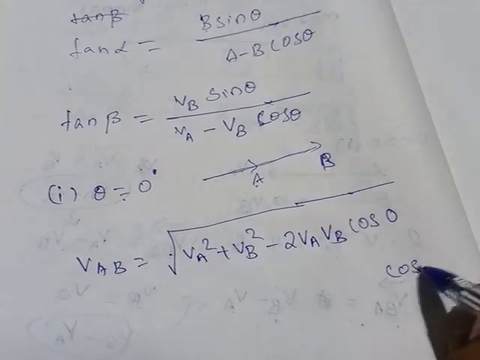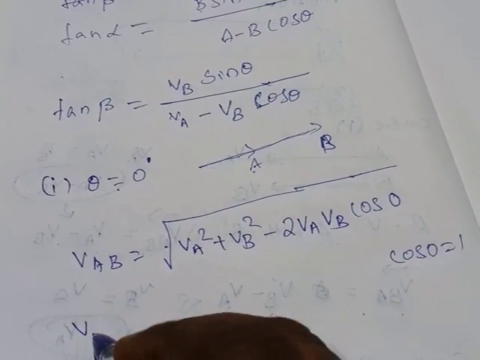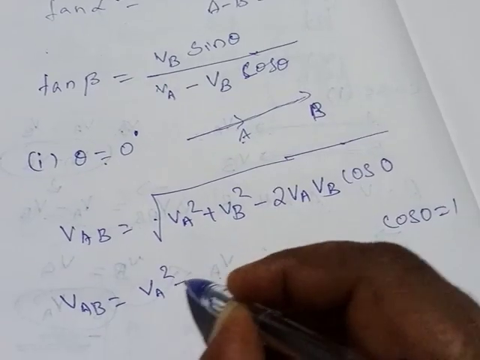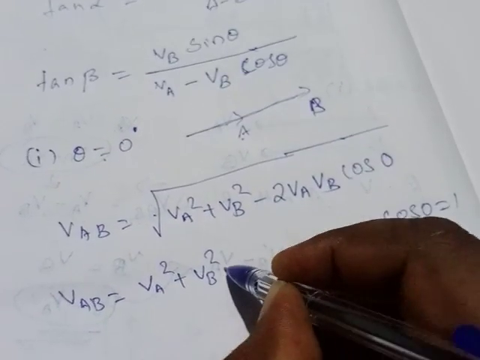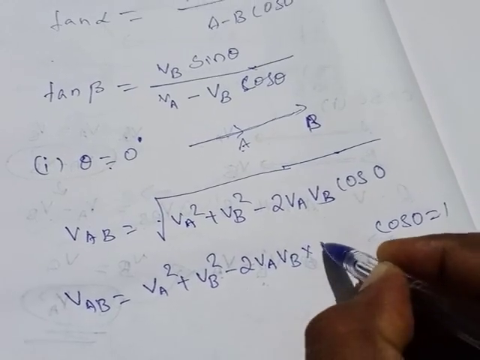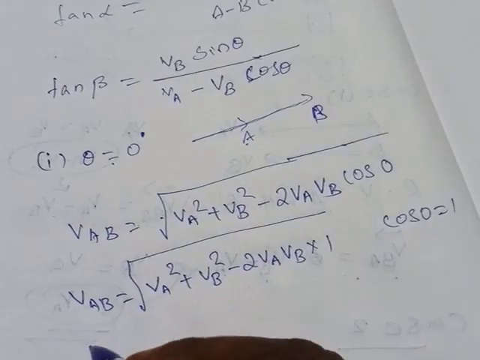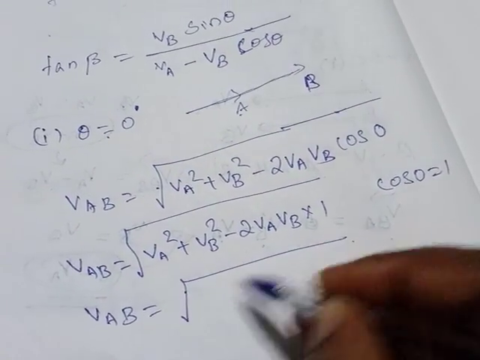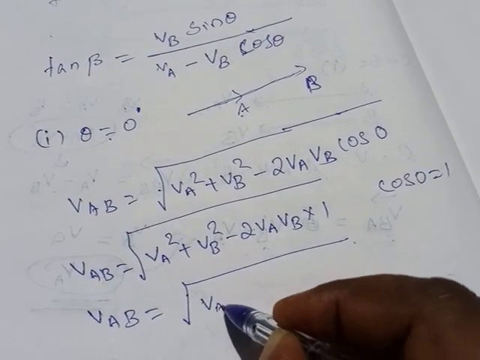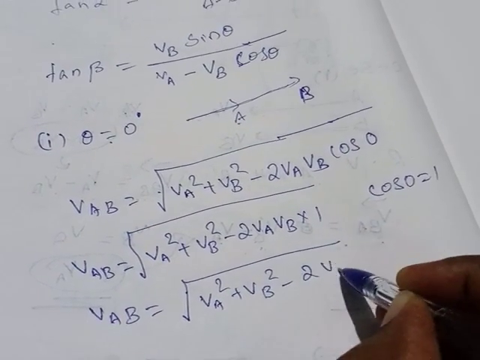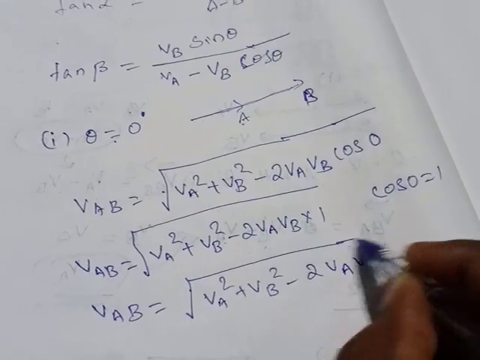We know that cos 0 is equal to 1. So VAB is equal to the root of VA square plus VB square minus 2 VA VB into 1.